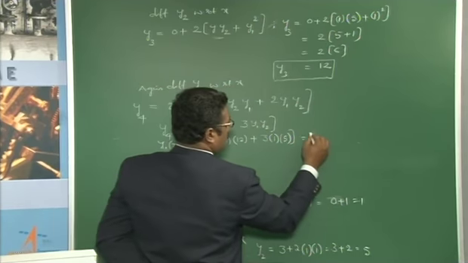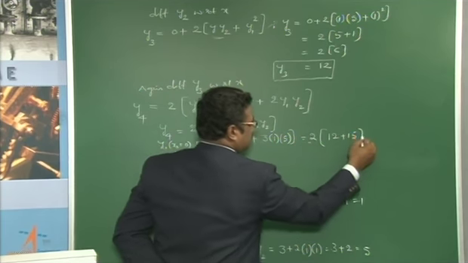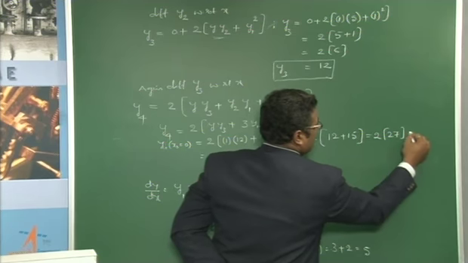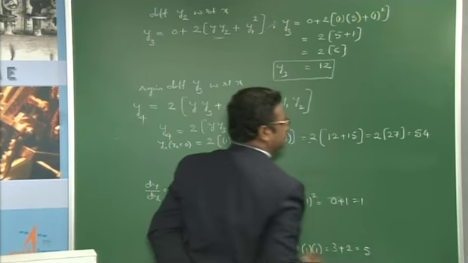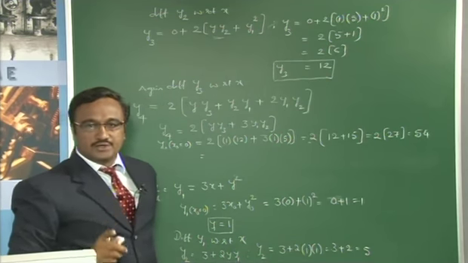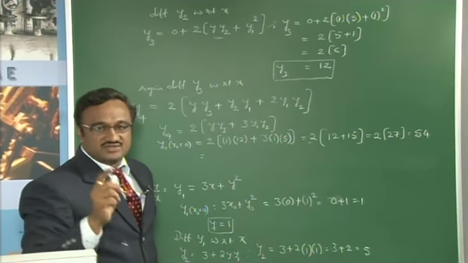It should be equal to 2 times 12 plus 15, 2 into 27, this value becomes 54. Now after finding the values of y1, y2, y3 and y4, substitute all these in equation star.